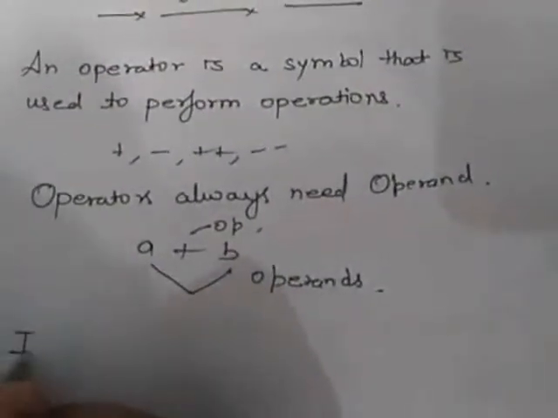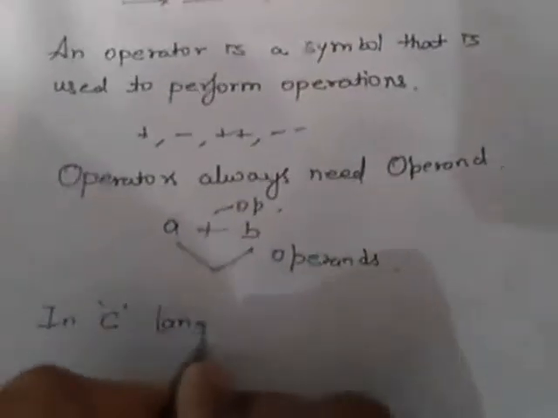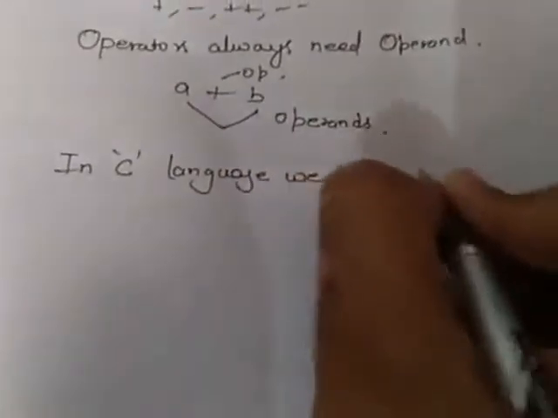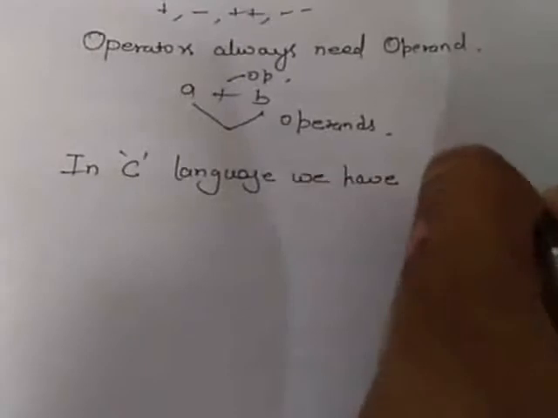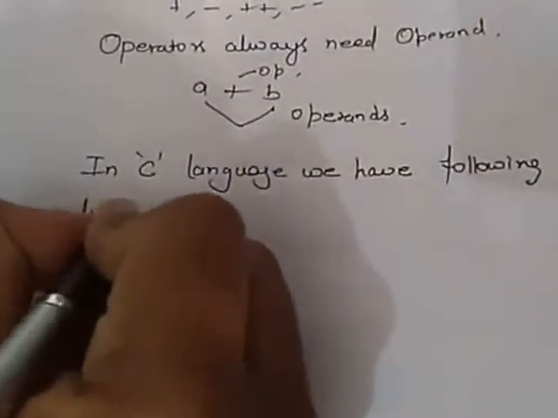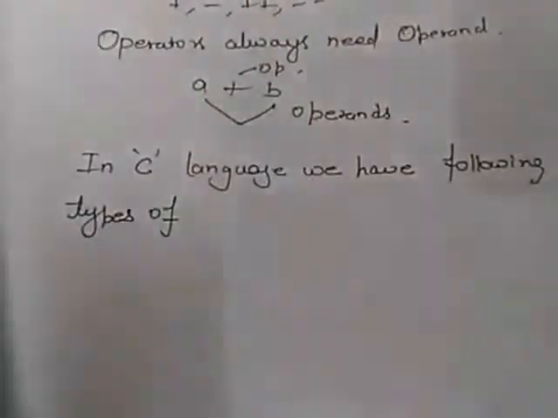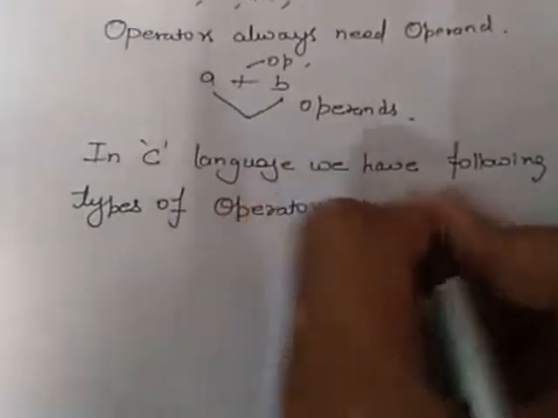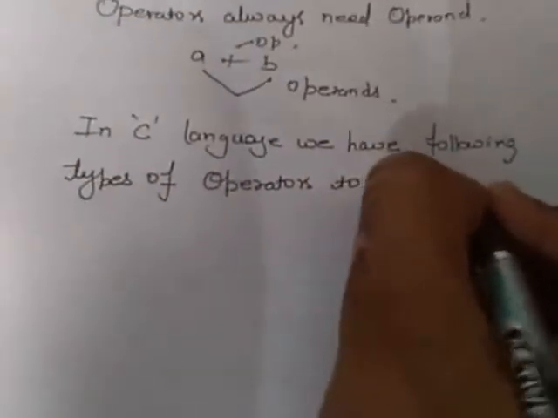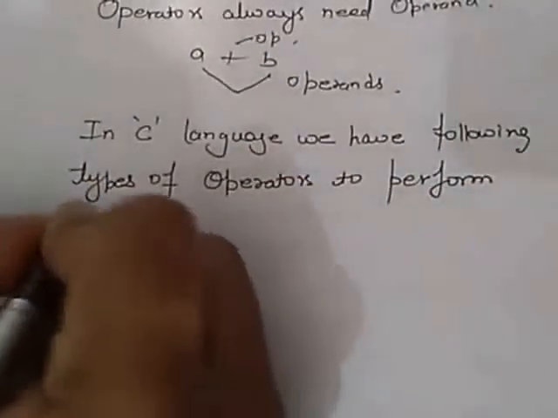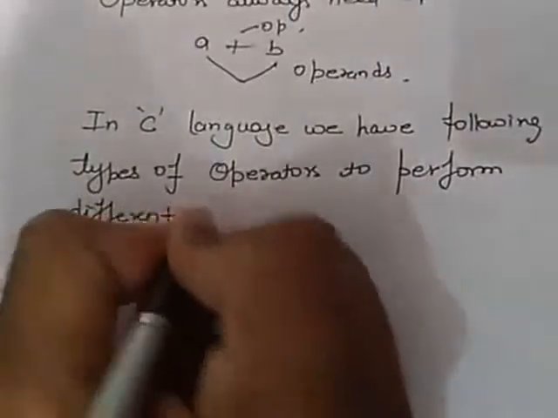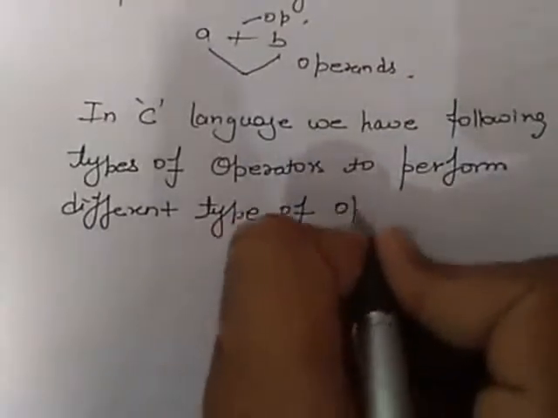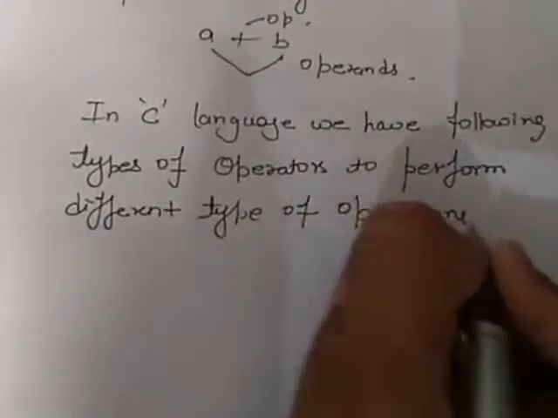Now, in C language, we have the following types of operators to perform different types of operations.